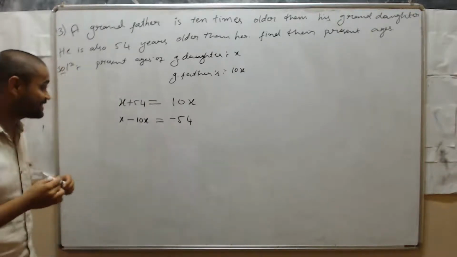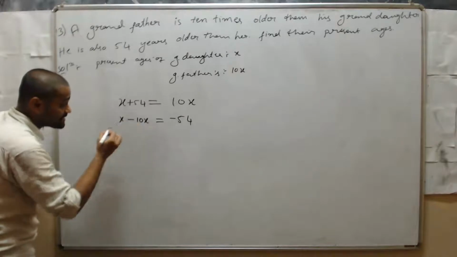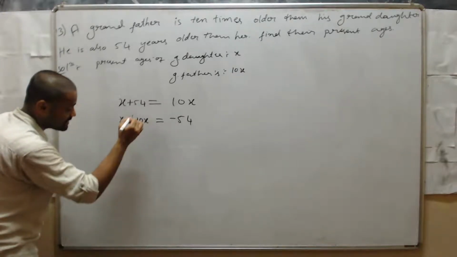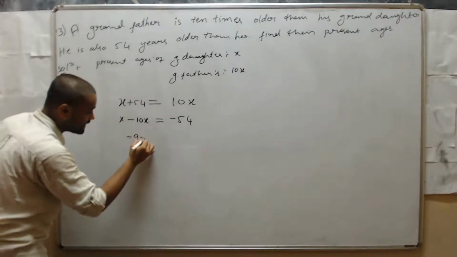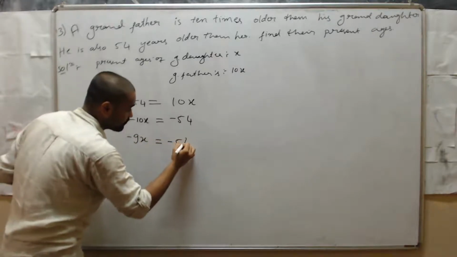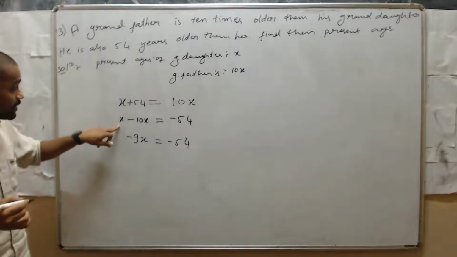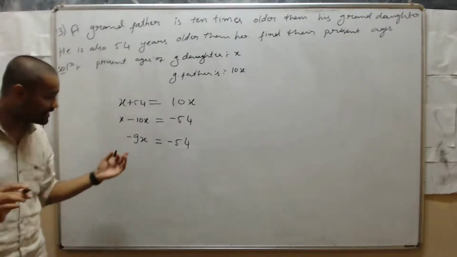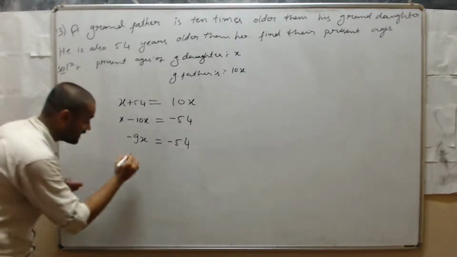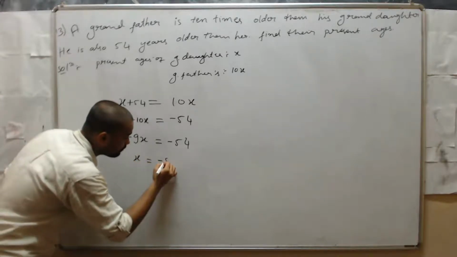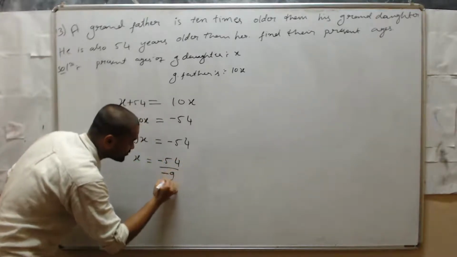Is it clear? Then x minus 10x is equal to minus 9x is equal to minus 54, students. Then x is equal to minus 54 by minus 9, students.